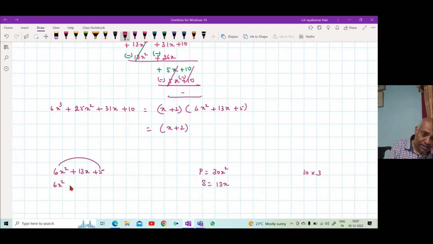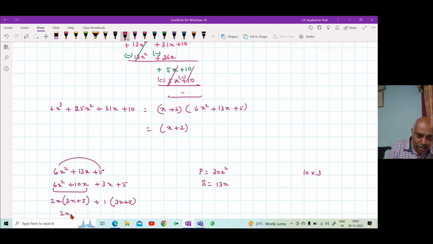So 6x squared plus 10x plus 3x plus 5. So what's common in these two? So 2x is common. So I get 3x plus 5. Here also 3x plus 5. So plus 1.